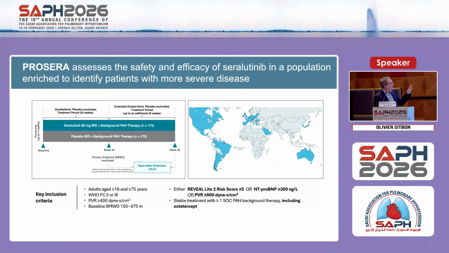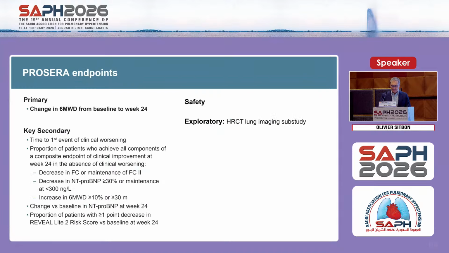For this, we used either a REVEAL Lite 2 risk score of more than 5, or an NT-proBNP of more than 300, or PVR of more than 10 Wood units. The primary endpoint was the change in 6-minute walk distance, and we have a long list of key secondary endpoints.